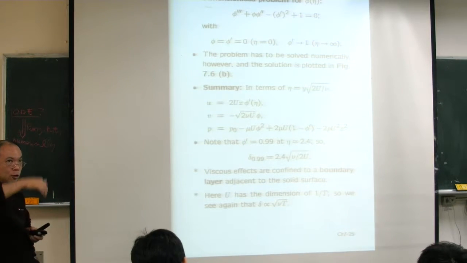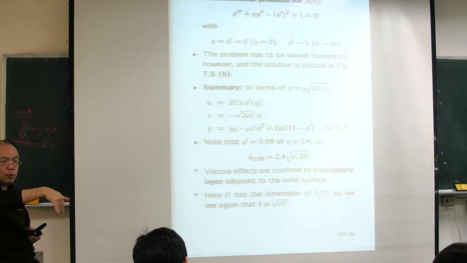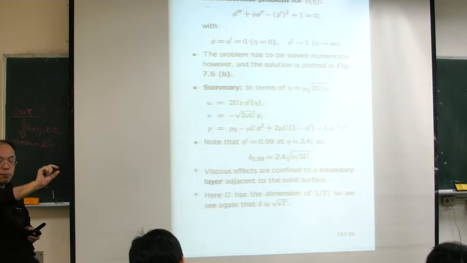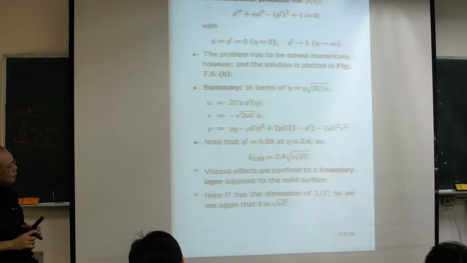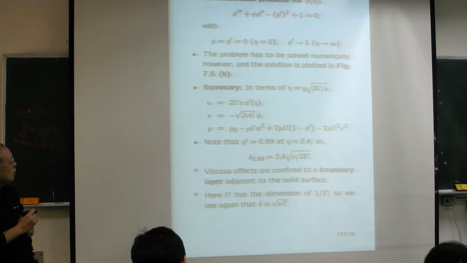When the downward impinging flow velocity is faster, that viscous region, or boundary layer region, becomes thinner. Okay, you can see it from here. So viscous effects are confined to the boundary layer adjacent to the solid wall, right? Solid surface. When U is higher, that means our delta 0.99 is smaller.